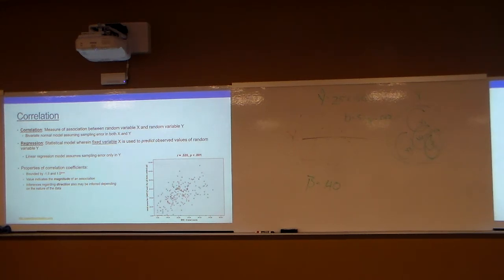Random variable x, random variable y. Our correlation coefficients are going to be bounded by -1 and 1. Our value is going to indicate the magnitude of that association, and we can also start to make some inferences about the direction of that association depending on what the data are looking like.